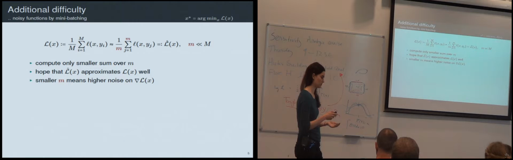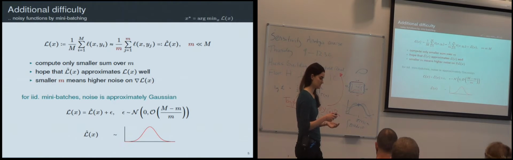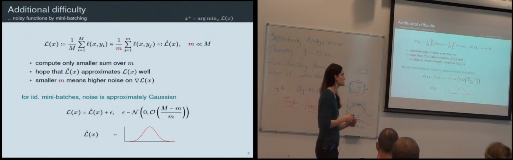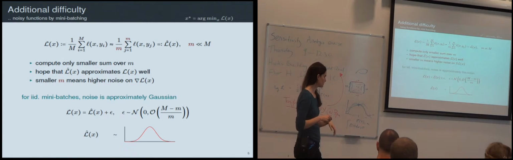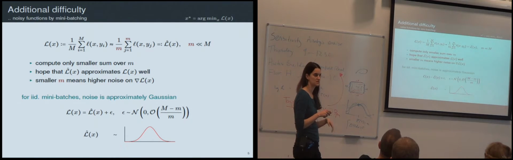But the problem now is that L hat is not exact anymore. It's an estimator, and the gradient as well, because differentiation is just a linear map. And this estimator is approximately Gaussian distributed because this thing is the sum of random numbers. Okay? So we have an estimator with approximate Gaussian noise.